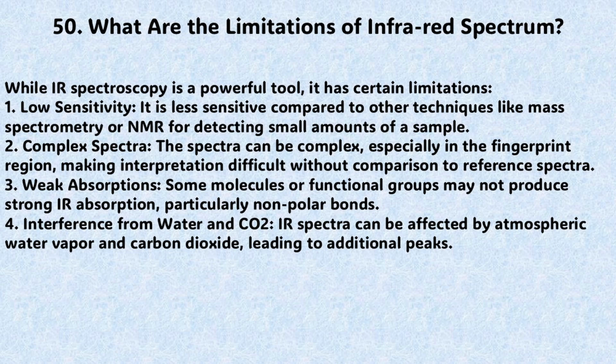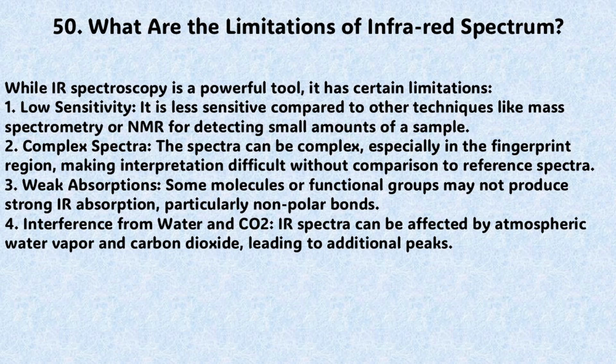While infrared spectroscopy is a powerful tool, it has certain limitations. Low sensitivity: it is less sensitive compared to other techniques like mass spectrometry or NMR for detecting small amounts of a sample. Complex spectra: the spectra can be complex, especially in the fingerprint region, making interpretation difficult without comparison to reference spectra.